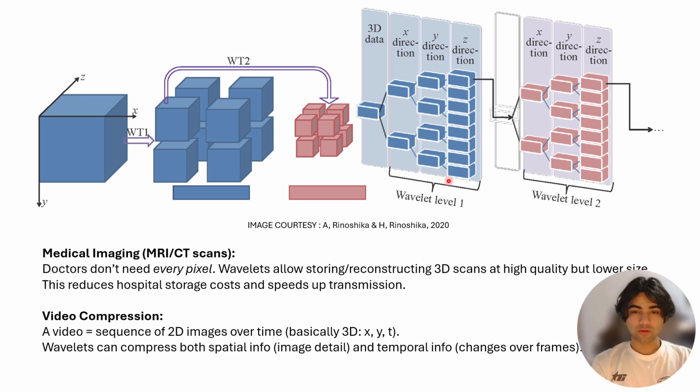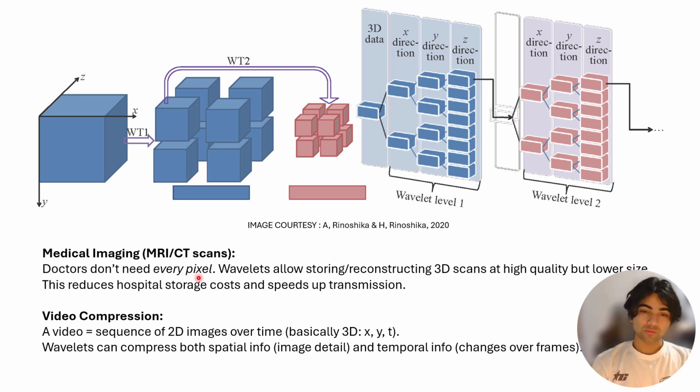So wavelets are not only related to images. They are used for many other applications, for denoising signals in music or radio, and even in medical science, where they compress CT or MRI scans without losing the critical diagnostic details.